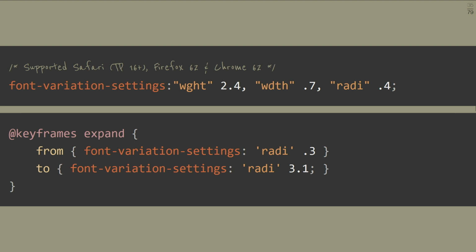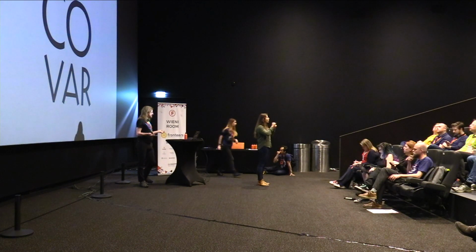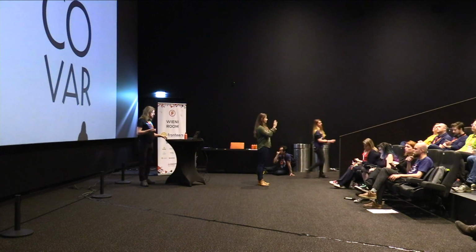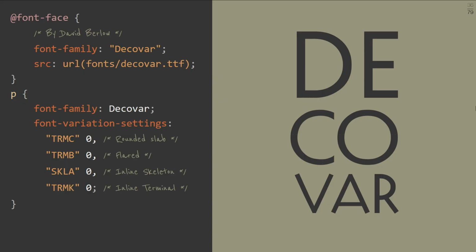So I talked about these standard axes, but fonts can also have any number of unique design axes. So here's an example. This is a font by David Berlow called Decovar, and it has variations for rounded slabs. What's a rounded slab, you ask? Well, it's like this, coming out at the end there, like that.